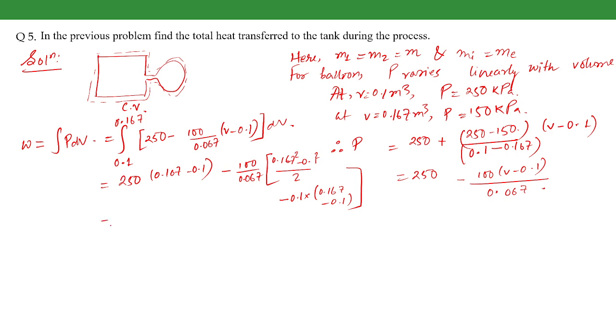If we simplify it, the value will come to 13.4067 kilojoule. So this is the work required for the filling of the balloon.